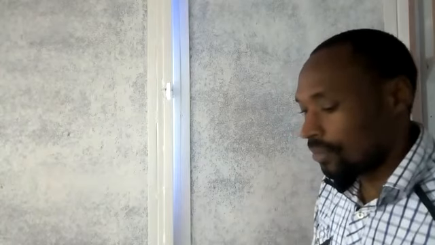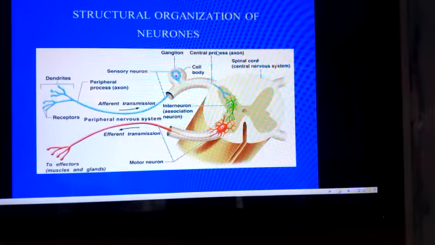Now, in this session, we are going to classify the neurons based on the number of the dendrites that are arising from the cell body.